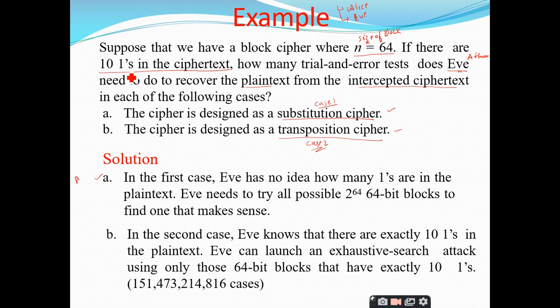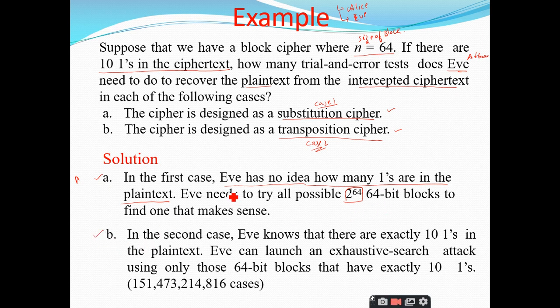Why? Because it is a substitution. The number of zeros and ones varies from the plain text to the ciphertext. So in the first case, Eve has no idea of how many ones are in the plain text, because they have used the substitution technique. So Eve needs to try all the possible 2 power 64 combinations to get the idea.